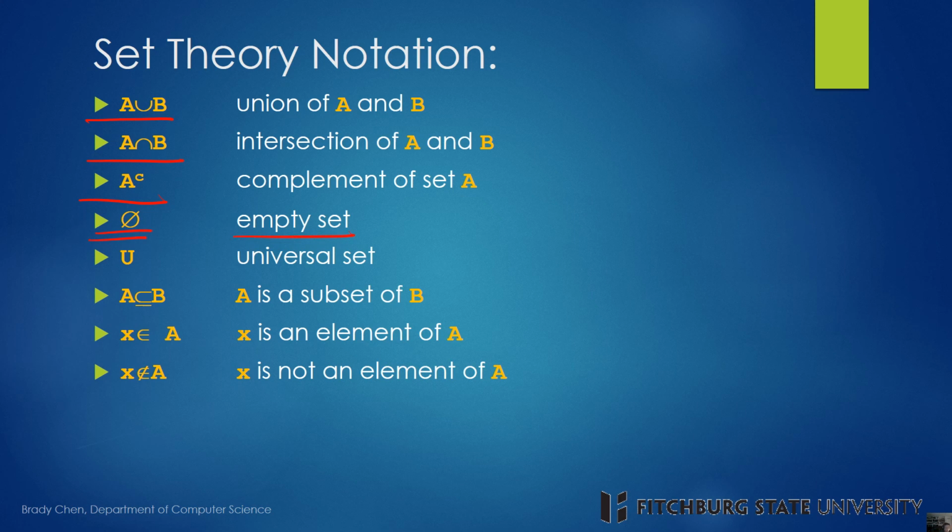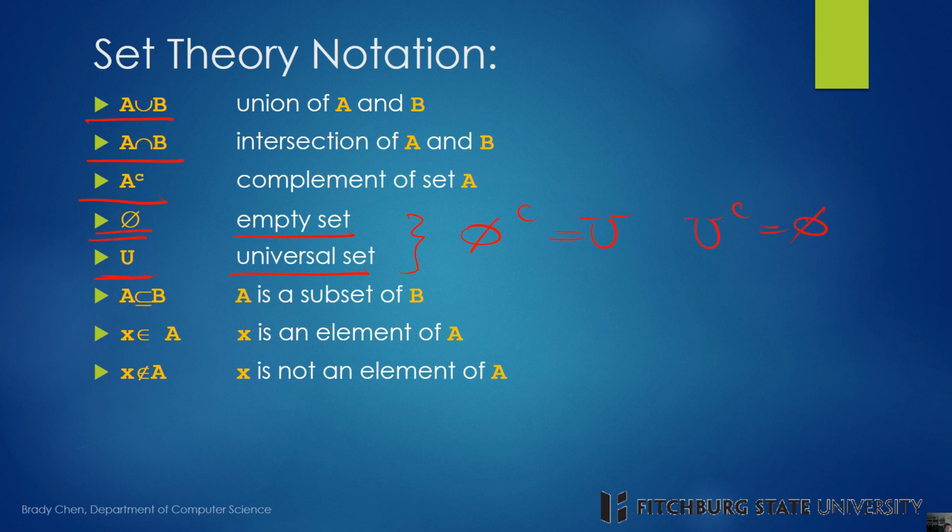The empty set is a set that contains nothing, so no elements are contained in it. The universal set is the set that contains all the elements we are considering. So the empty set and the universal set are pretty much opposites. Always remember the complement of the empty set is the universal set, and the complement of the universal set is the empty set. That is just the opposite.